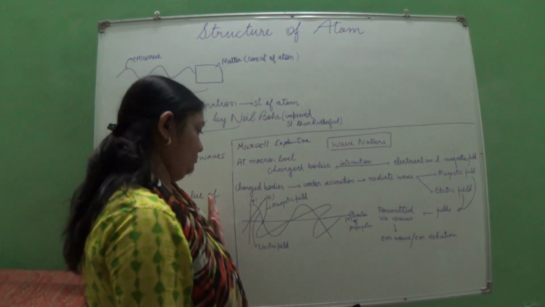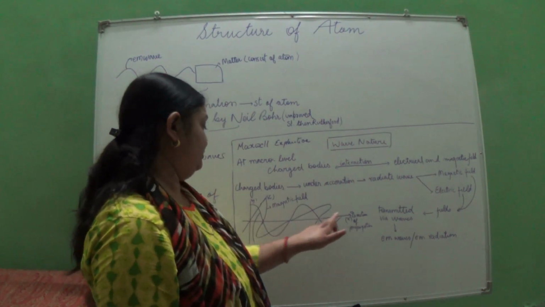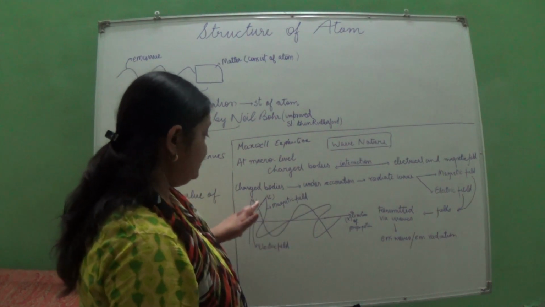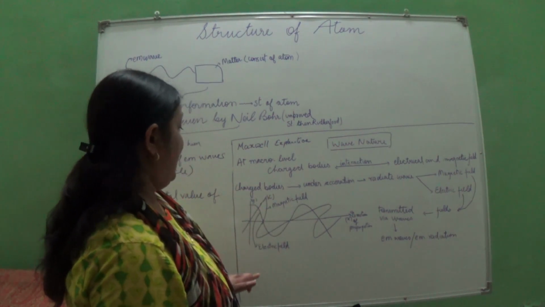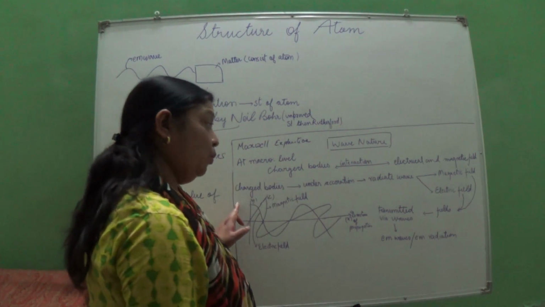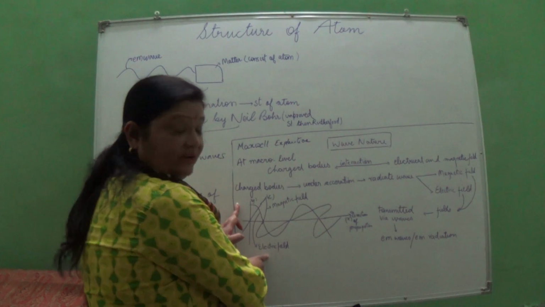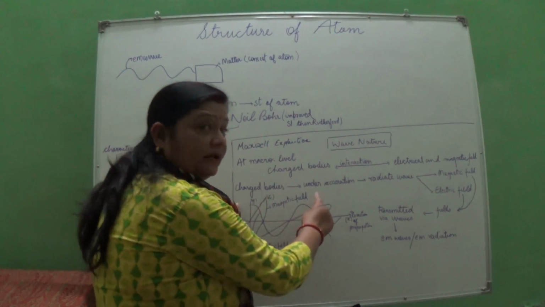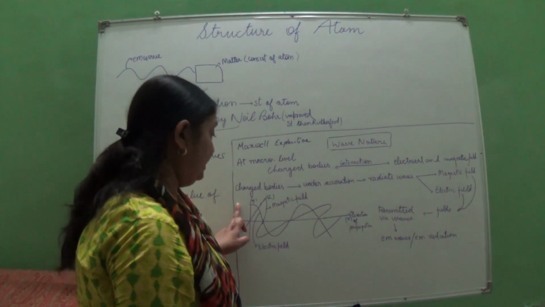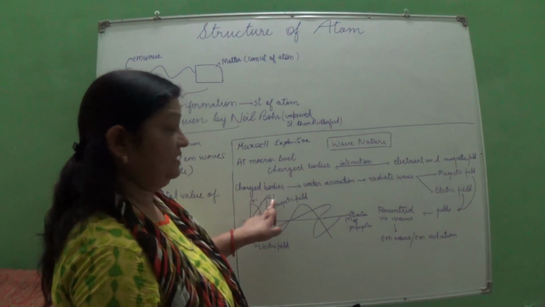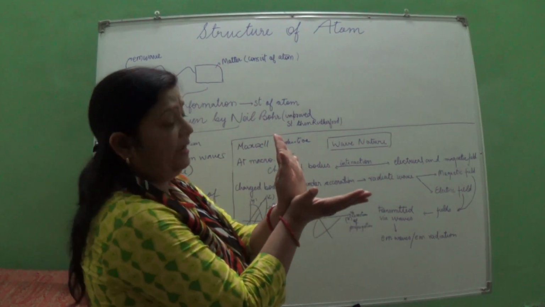Here you can see from the graph the direction of propagation of the wave. In this you can see the magnetic field is in the z-axis and the electric field is in the y-axis. Both the magnetic field and electric field are moving perpendicular to each other in the same direction. You have all studied the x-axis and y-axis.